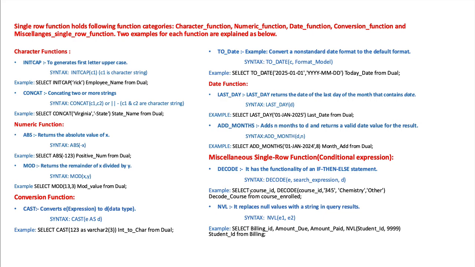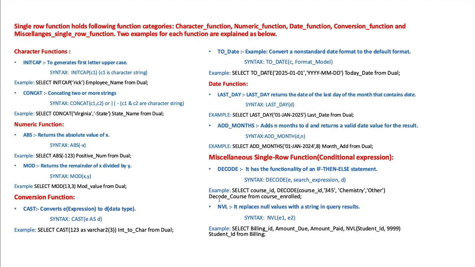Example: SELECT course_ID, DECODE(course_ID, 345, 'Chemistry', 'Others') with the column name decode_column.